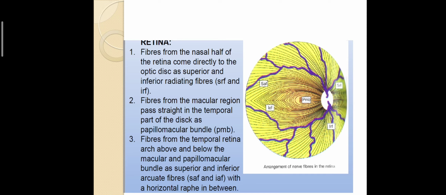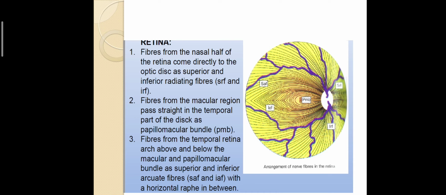Then the papillomacular bundle is nothing but from the macula to the disc. Disc is called papilla, and macula, so this papillomacular bundle is a straight bundle. So this is very important. As you know, cones are very important for vision in bright light. So any lesion in the macula or in the papillomacular bundle will cause a significant vision loss in bright light.